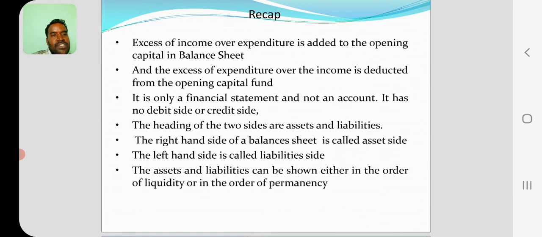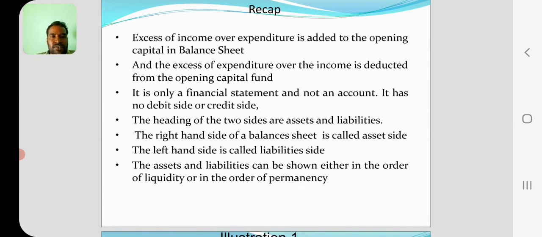And the excess of expenditure over income is deducted from the capital fund. Here, whatever the surplus or deficit came in the income and expenditure, it should be adjusted to capital fund in the balance sheet.